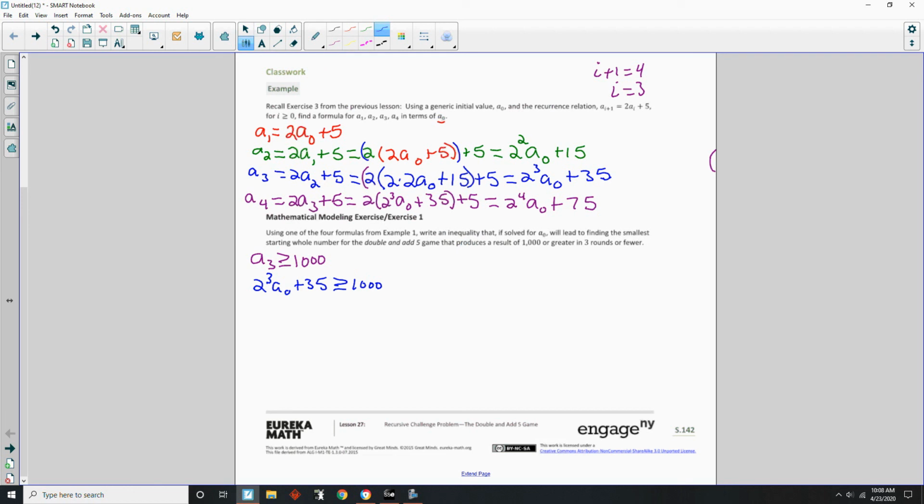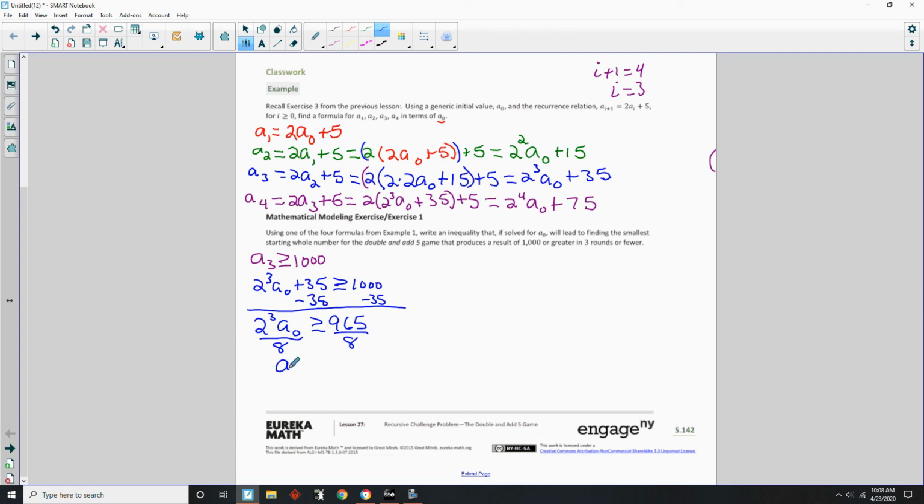Okay, so now we want to solve for a sub 0 by subtracting 35 from both sides. And that's going to give us 2 cubed a sub 0 is greater than or equal to 965. 2 cubed is 8, so I'm going to divide both sides by 8.